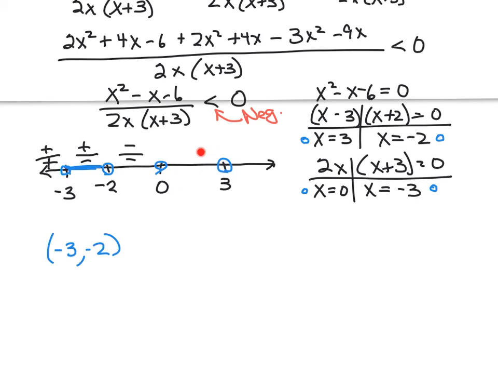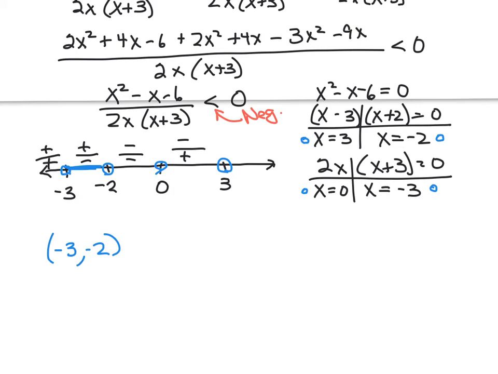Pick this section. How about the number 1? So here I'm seeing that 1 minus 3 is negative, 1 plus 2 is positive, so that gives me a negative numerator. Testing the denominator, I'm getting positive times positive, which is positive.